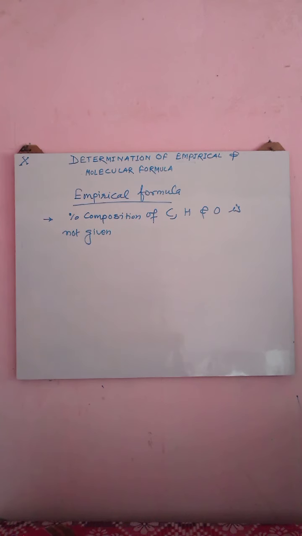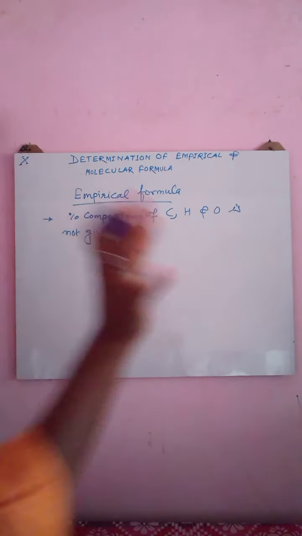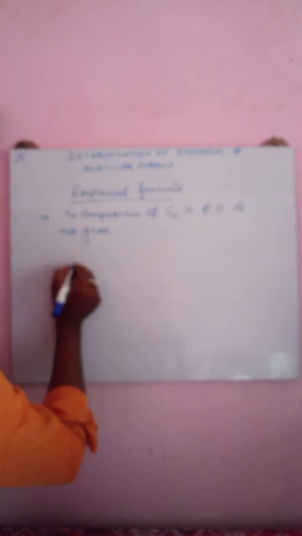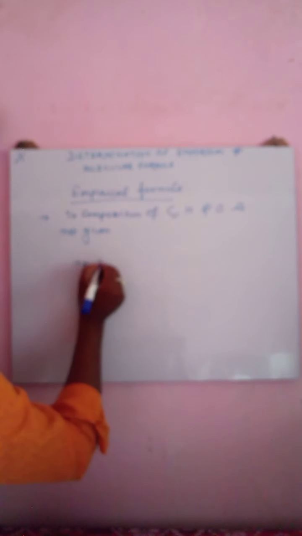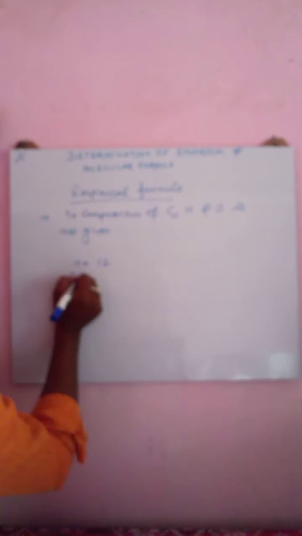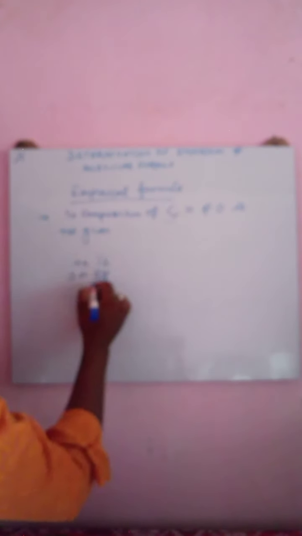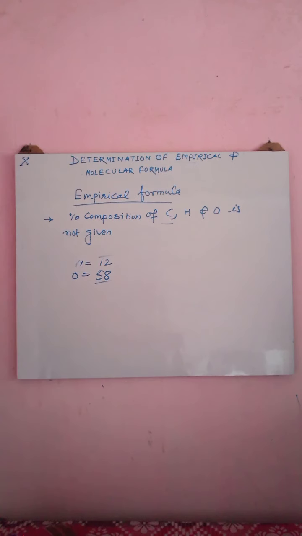For example, if in the numerical it is given that hydrogen percentage is 12, oxygen percentage is 58. So if only oxygen and hydrogen percentage is given in an organic compound, it is understood carbon will also be present. First of all you have to add the percentage of oxygen and hydrogen.